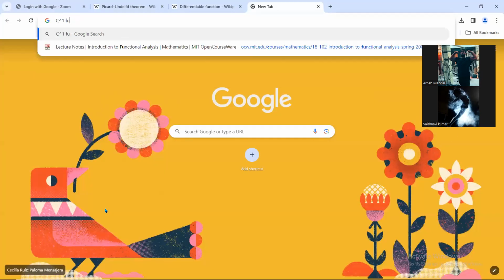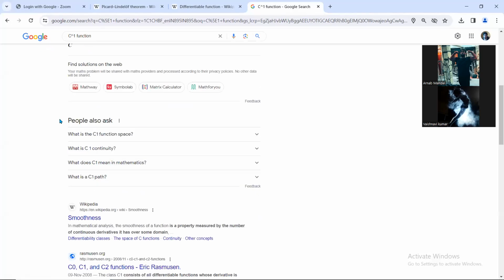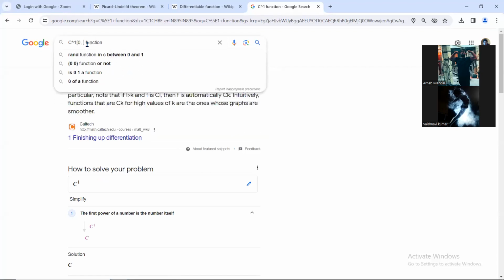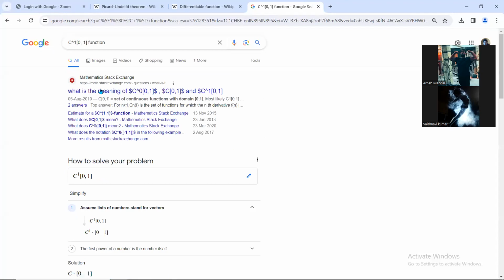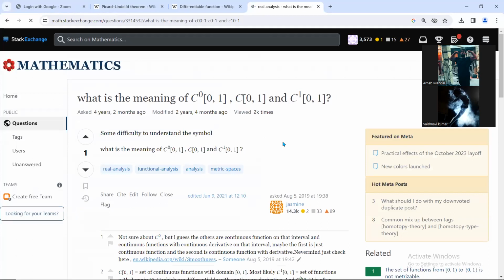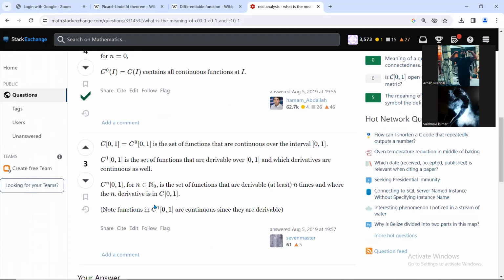So C1 function, continuous first derivative, but they really don't say if it should be continuous on closed, or whether the derivative should exist on closed or open. Usually we do not ask for closed.